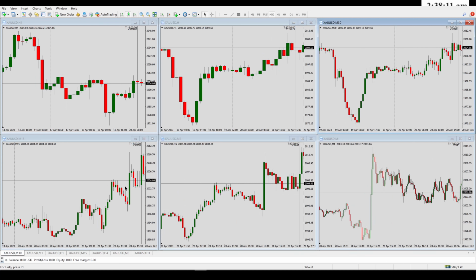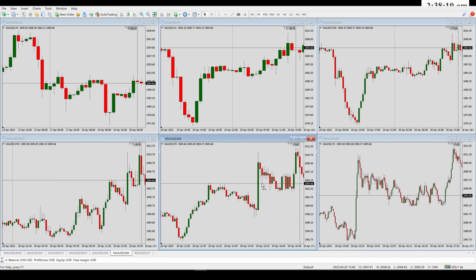Essentially the trade will come based on 5 minute time frame. In M15 we were rejecting from this area, and once the M5 candle closed like this, I should have executed a position on the next M5 candle, which would result in 40 pips of profit in just a few minutes.